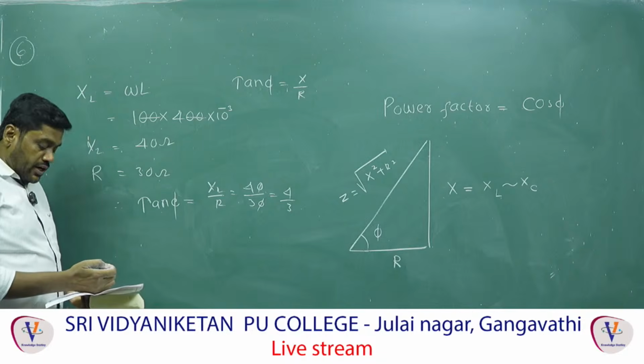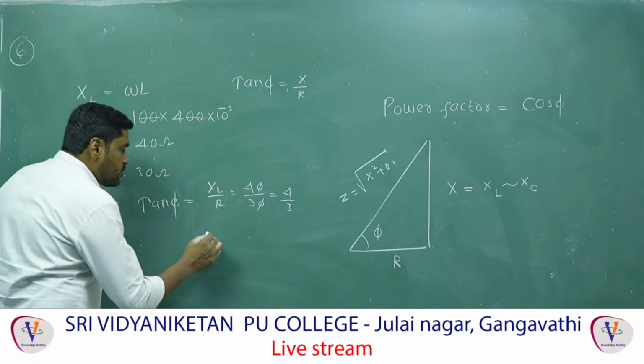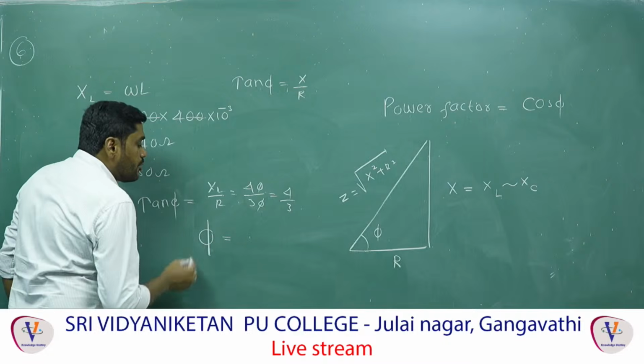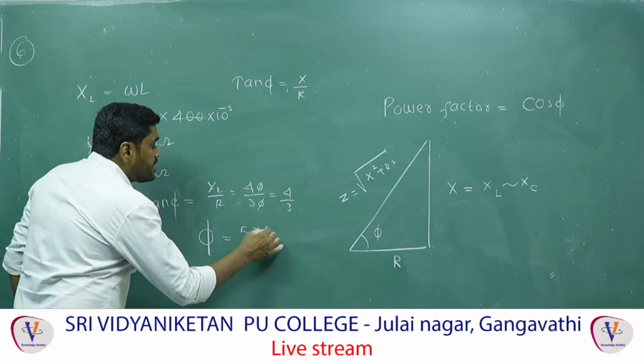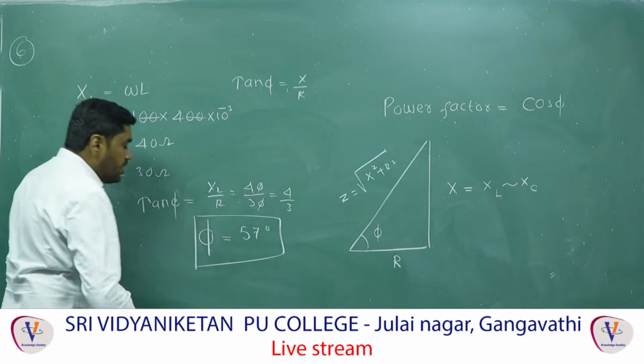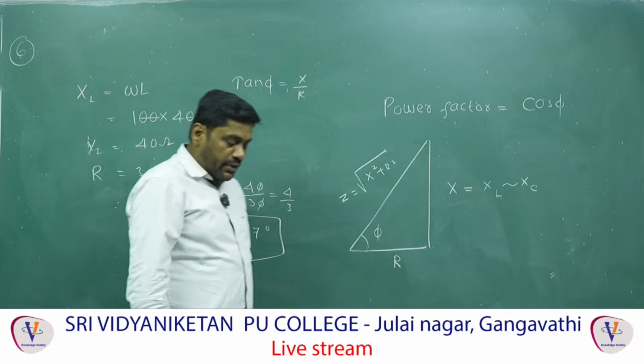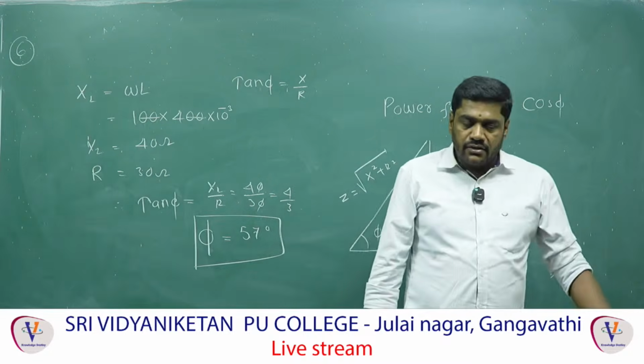Tan phi we got is 4 by 3. And 4 by 3 means phi value is 53 degrees. Remember it. This 4 by 3 comes with the tan function.